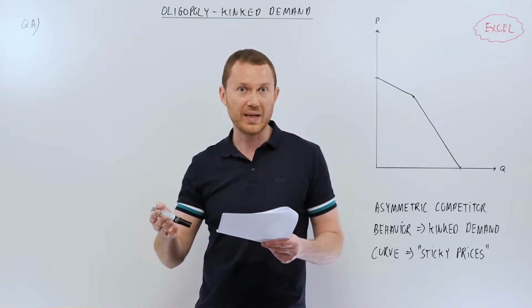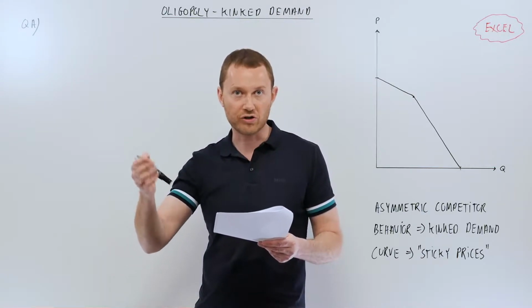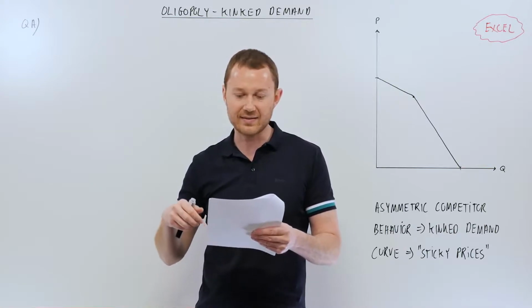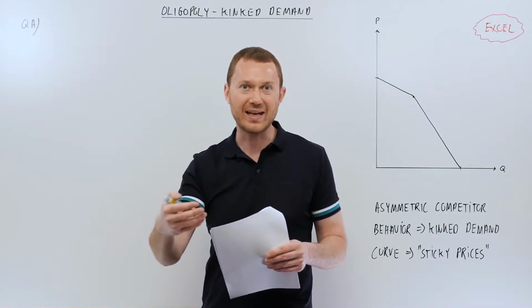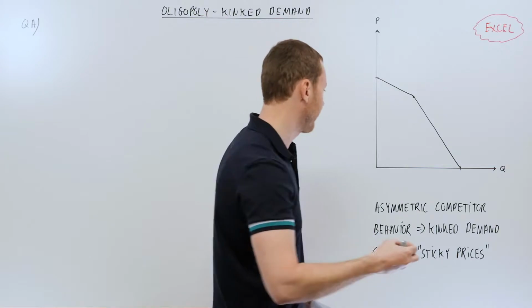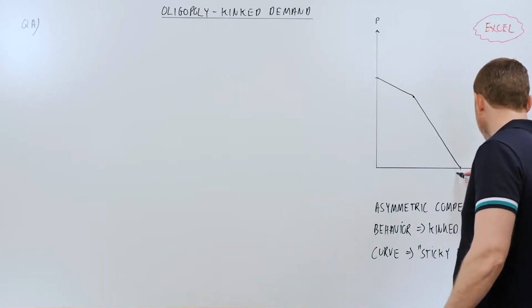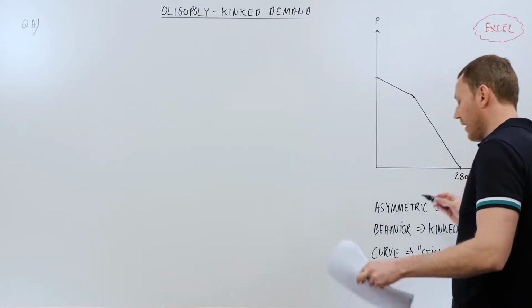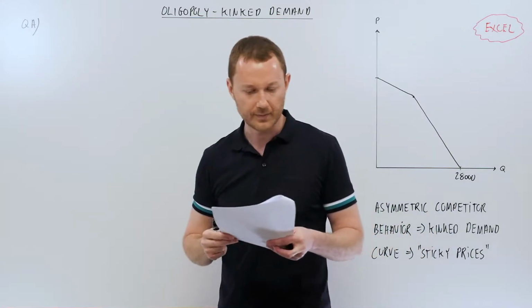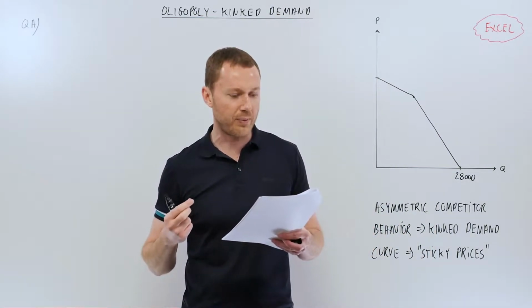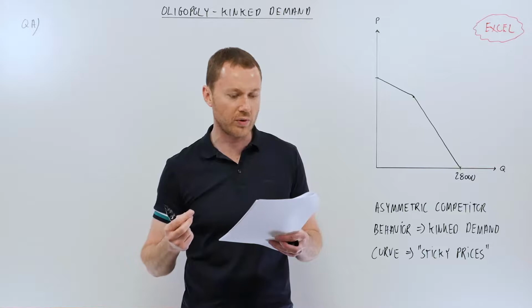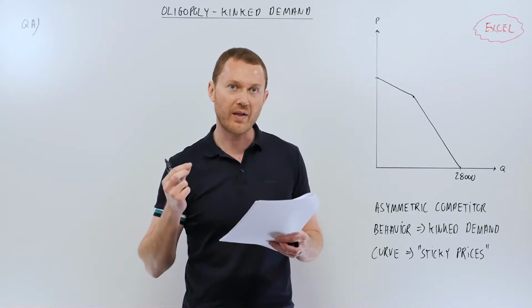That will be the intersection with the horizontal axis. If it says the maximum amount, that is Q max, so if you put that in here, that will be Q max. At his current price of 120 kroner, he can sell 12,000 units.